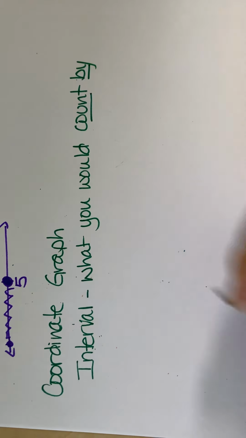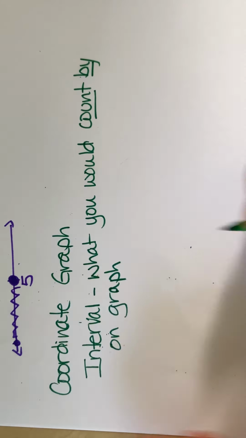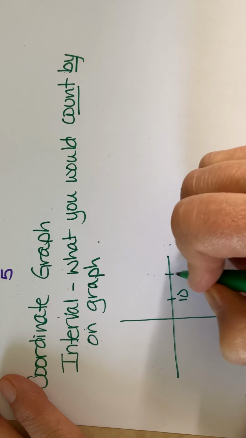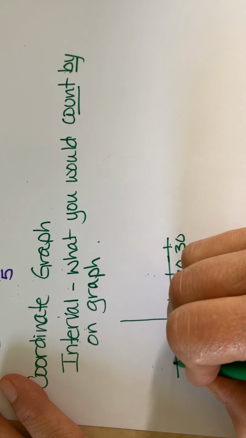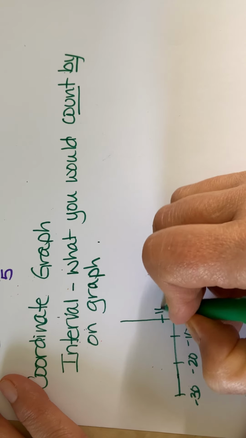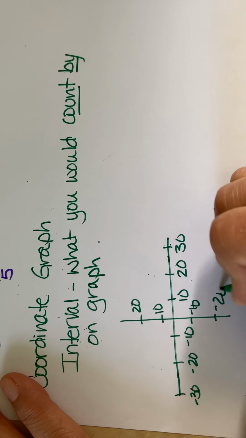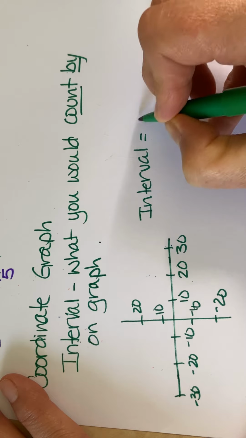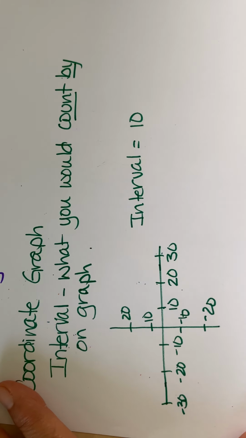So in other words, if I had this and I say this is 10, 20, 30, negative 10, negative 20, negative 30, my interval would be 10. That means every time I change, it changes by 10, okay?